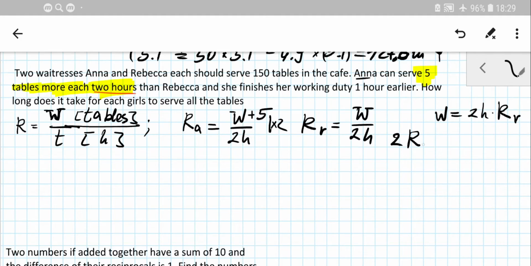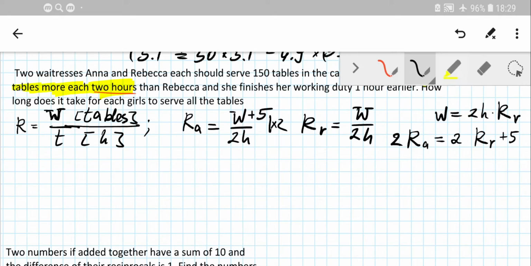So I've got 2 times the rate of Anna is actually, now we've got a denominator of 1 hour, 2 hours times Rebecca's rate and add 5. Hours are units, right?